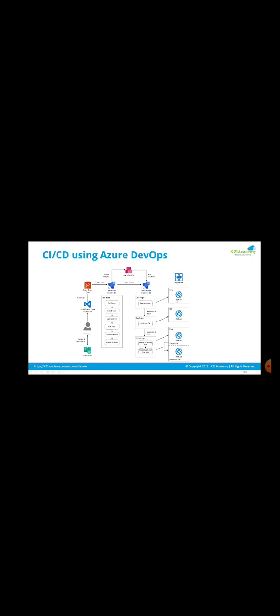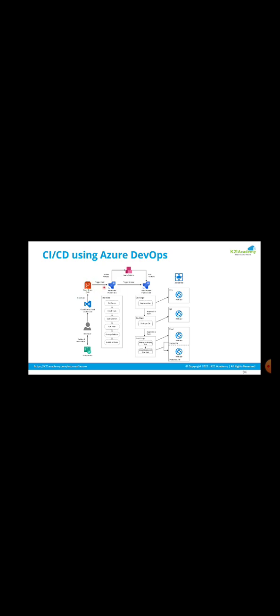Let me explain, assuming you have a dev environment, QA environment, and a production environment. On the left-hand side is where you use Azure Boards for requirement gathering. Developers develop these applications in Visual Studio, and the code goes into a Git repository.